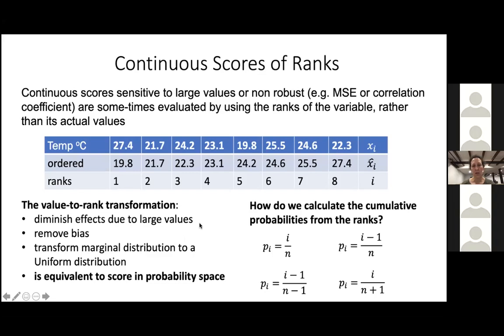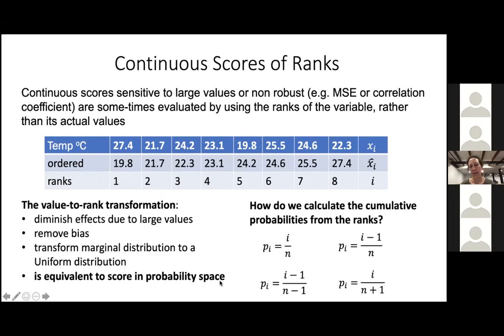This is actually also equivalent to scoring in probability space, because the ranks range between 1 and 8, but if I divide by 8, for example, I would range from almost 0 to 1, like a continuous cumulative probability. So how do we calculate the cumulative probabilities from the ranks?